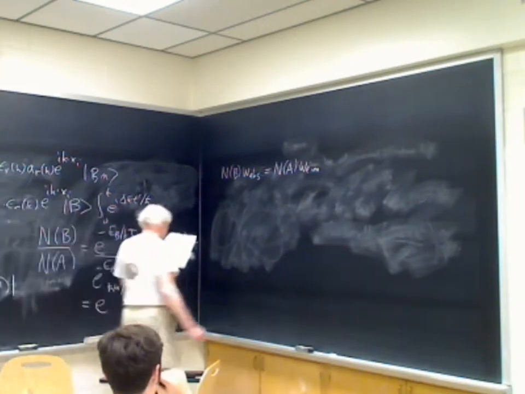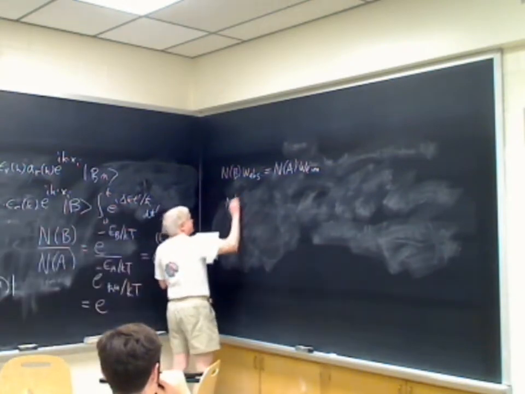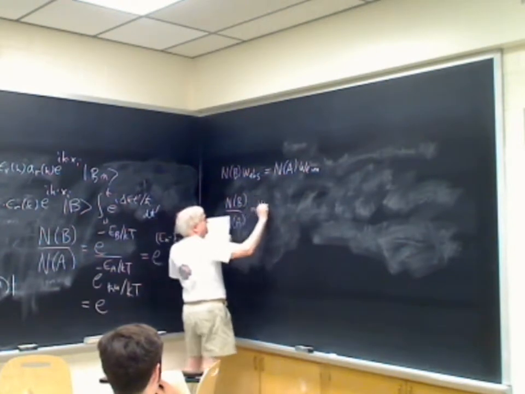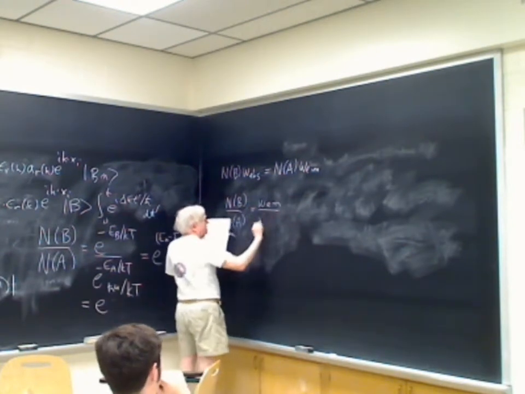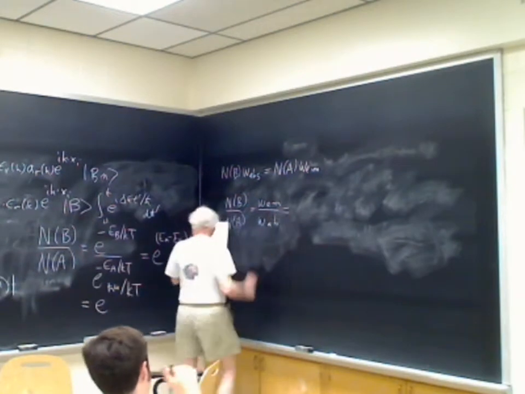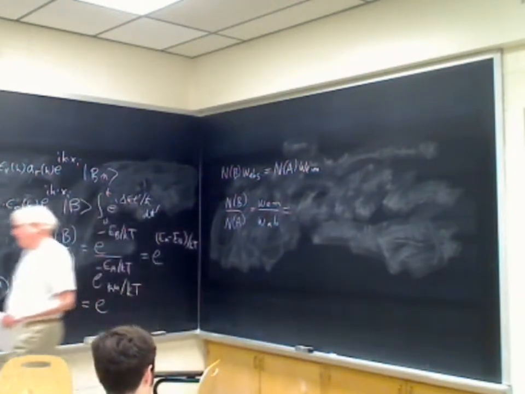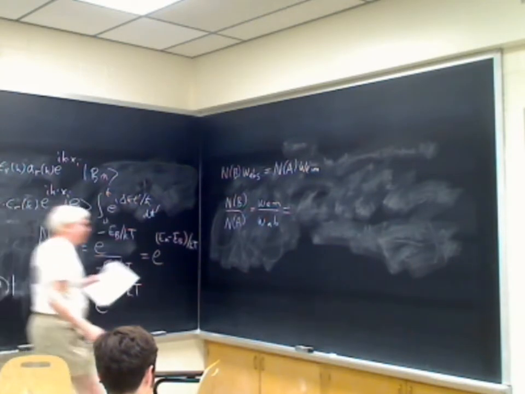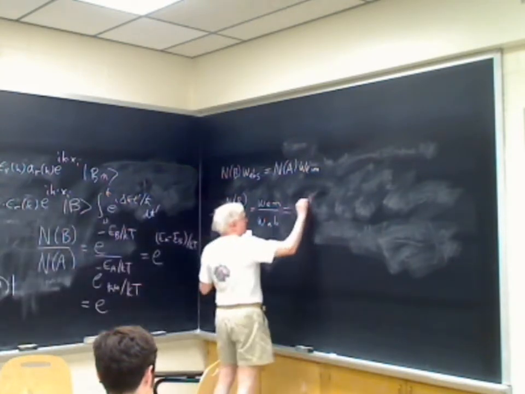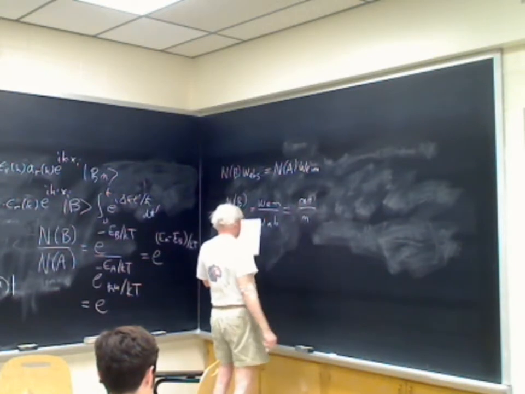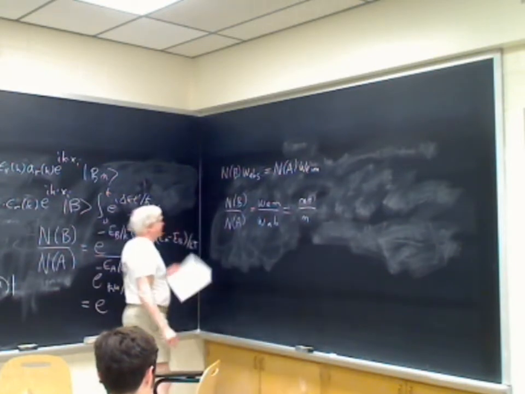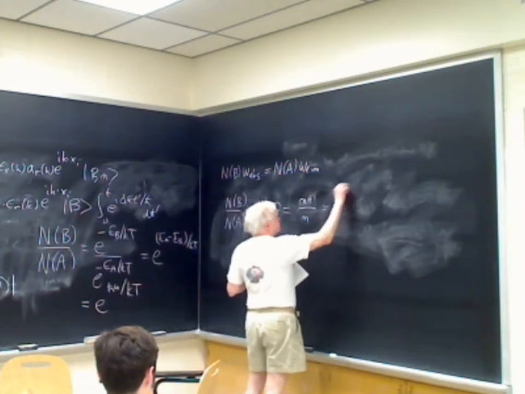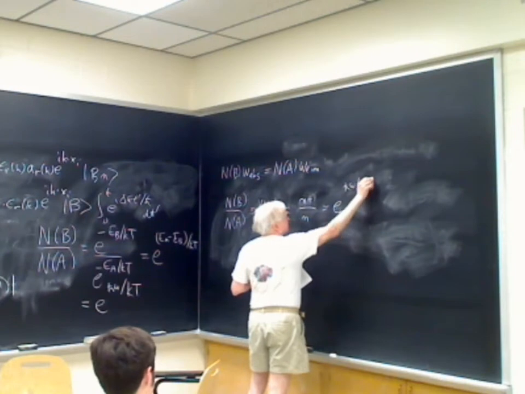Okay. So what we have is N_B over N_A is W emission over W absorption. Now if we look at it, W emission over W absorption is (n plus 1) over n. Good. On the other hand, N_B over N_A is e to the h bar omega over kT.